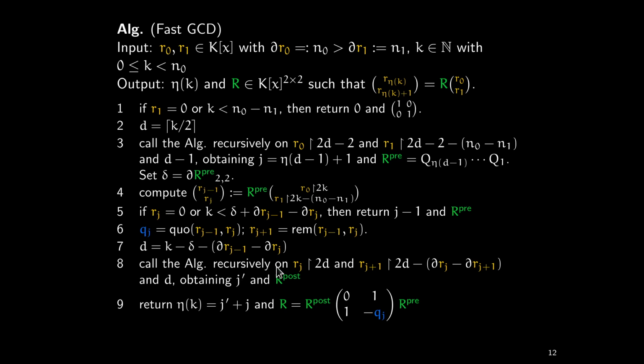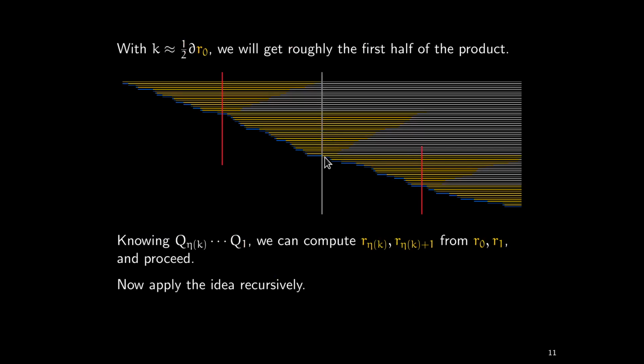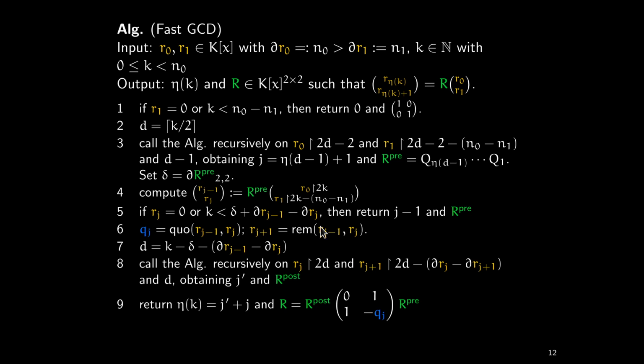And then I do a second recursive call that corresponds in the picture to this one here, where I get then down to the rest, to the bottom of the triangle.